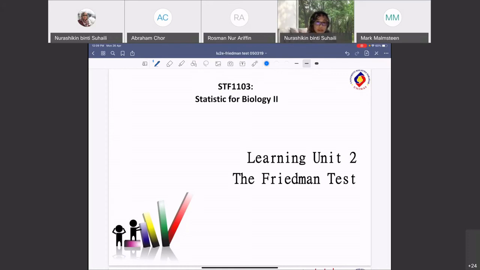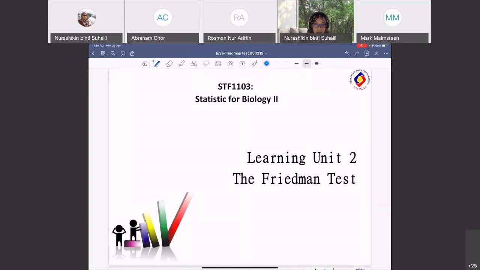I'm not sure about the MCQ and the short answer questions, but for sure, long questions are included. Long questions mean the same type of questions that you did for tutorials, the calculation. That one for sure, yes. Before this we did have MCQ, but this time around, the coordinator said she will inform later. It could be yes, it could be no. But for sure the long questions, the calculation, are included.